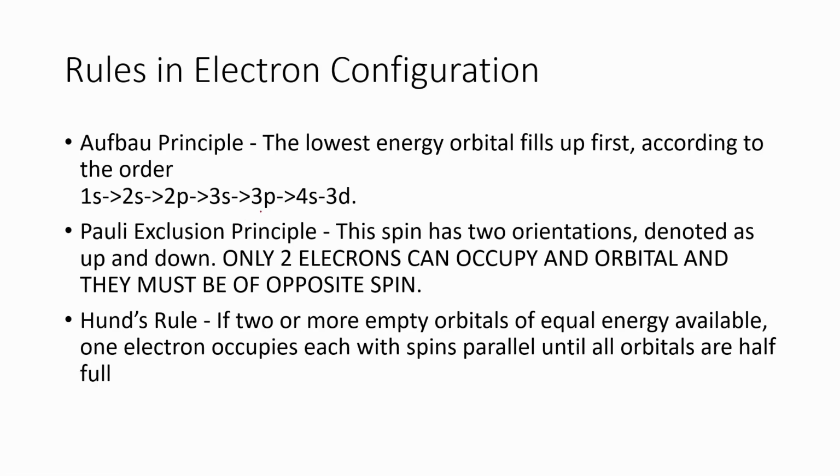Next is your Pauli exclusion principle. This states that the spin has only two possible orientations, up and down. And only two electrons can occupy an orbital, and they must be of opposite spin. Okay? So this is important. Only two electrons can occupy an orbital.